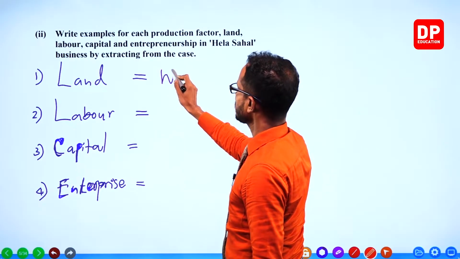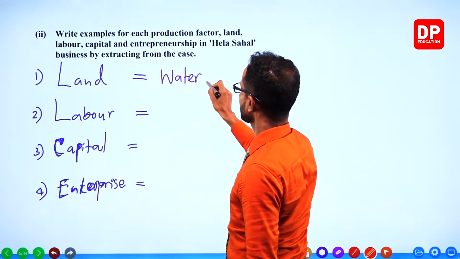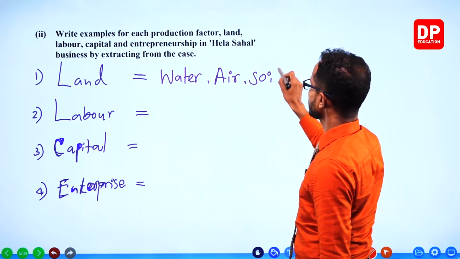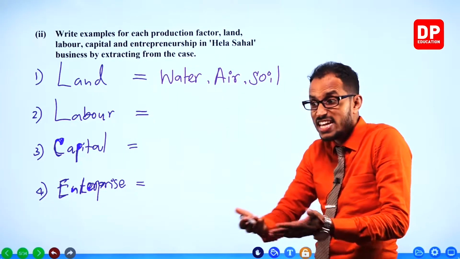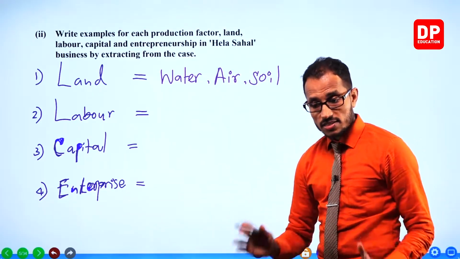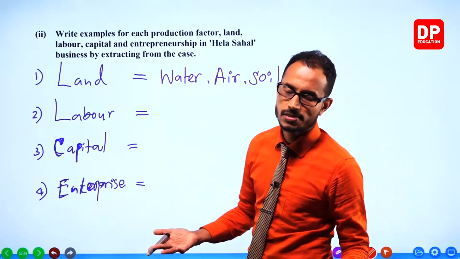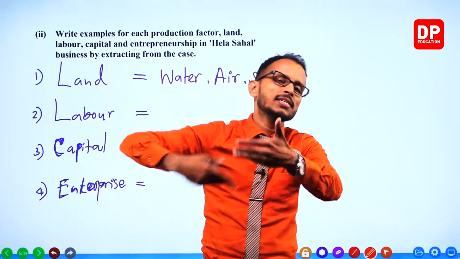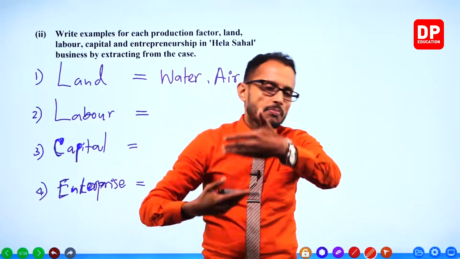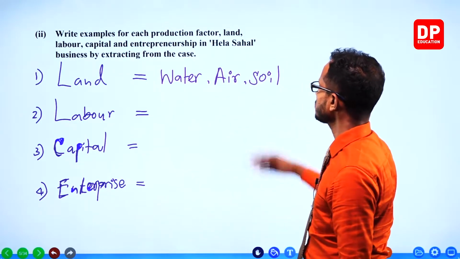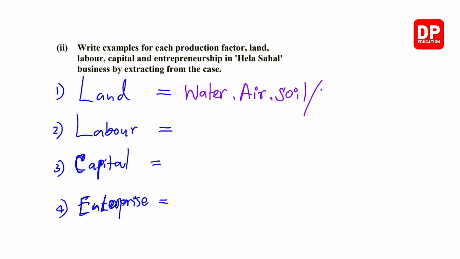Land, you can take water, air, soil, because you need a paddy field with fertile soil. Water, air, soil, or land. Labor, we know.